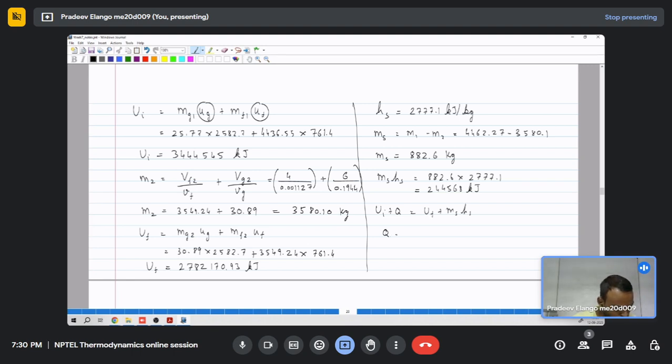So Q is equal to UF, 2782.170.93, plus 2445.68, minus U initial, that is 3445.4. Can I calculate Q? So 4178.06, negative. No, we are getting negative. Yes, sir.